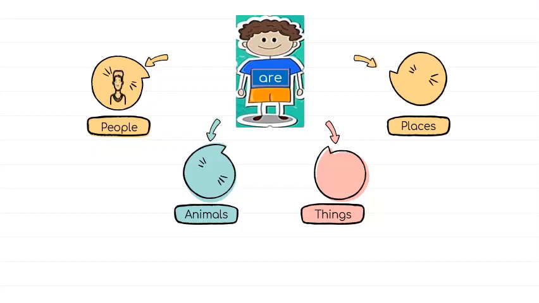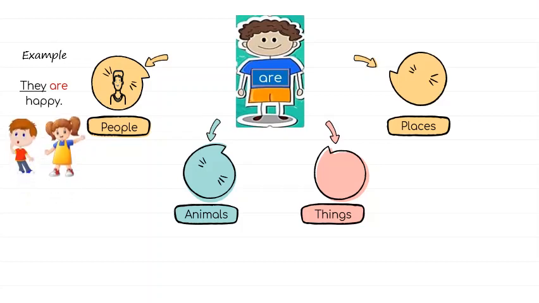It is friends with people, more than one. For example, they are happy. We can see we have one or many people in the picture. So they are two. So we use they are happy.